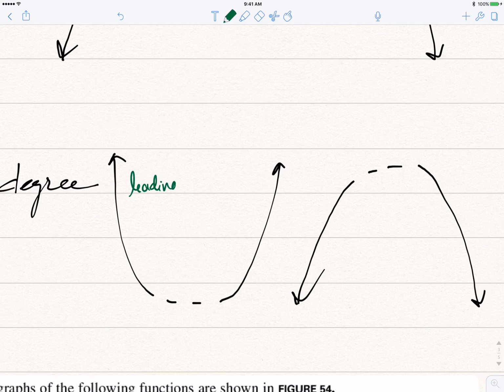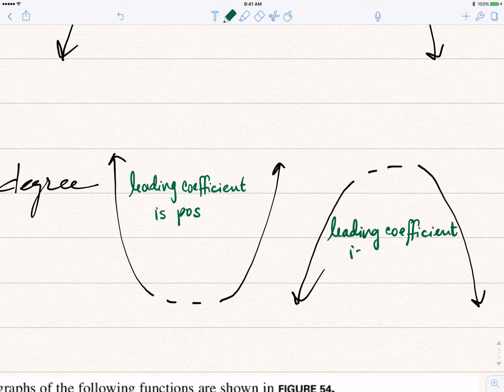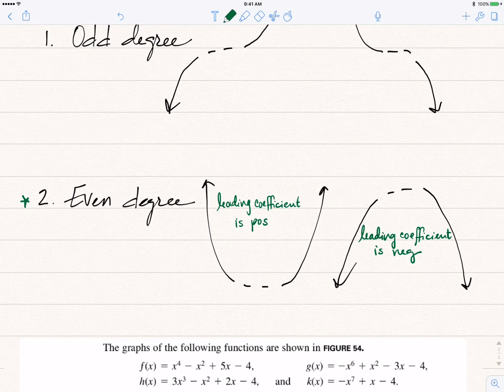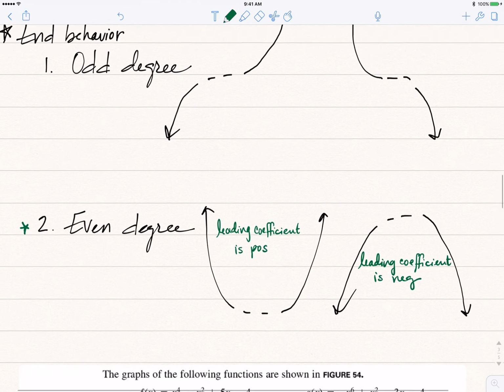So if the leading coefficient is positive, then both ends will go up. We also know that if the leading coefficient is negative, both ends go down. So that's for all even degree polynomials.